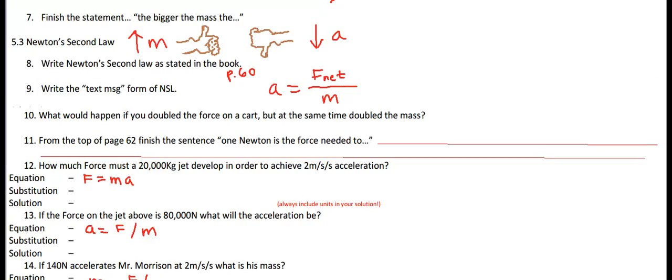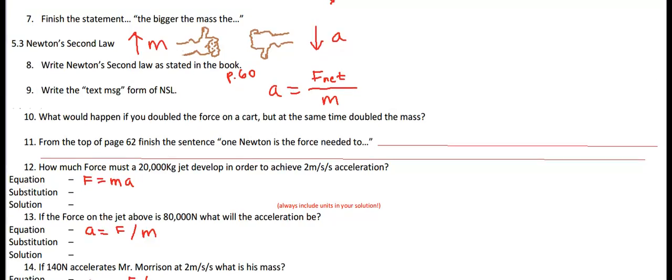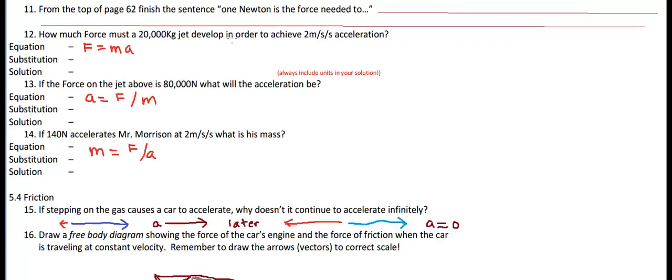So moving on to the equations, simple equations with no opposing forces at this point. How much force must a 20,000 kilogram jet develop in order to achieve 2 meters per second squared acceleration? So the force will be equal to your mass, which is 20,000 kilograms, times your acceleration, which is 2. And then if the force of the jet is 80,000 newtons, what will the acceleration be? So we'll rearrange it any one of these 3 ways, same equation.